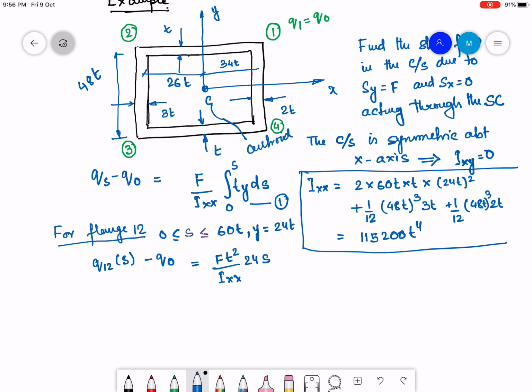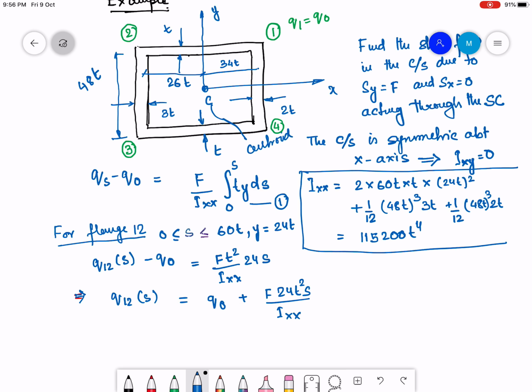Therefore q12s is going to be equal to q0 plus F into 24T square s by Ixx.